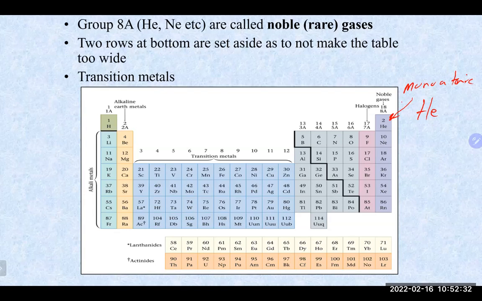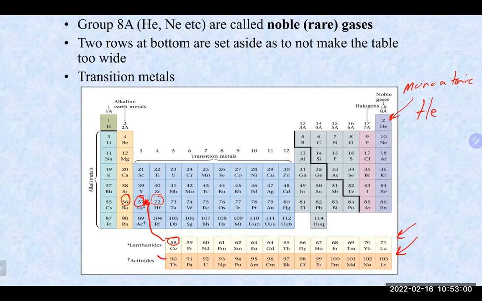Now, there are 2 rows that are set on the bottom here. If you follow the numbering, this is 56, that's 57, and then we jump to 72. The elements that are missing are actually right here, 58. This row technically goes right in there. And if you follow the numbering below that, it goes from 89 to 104.